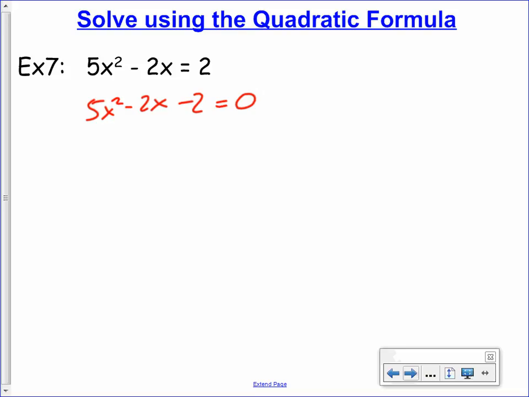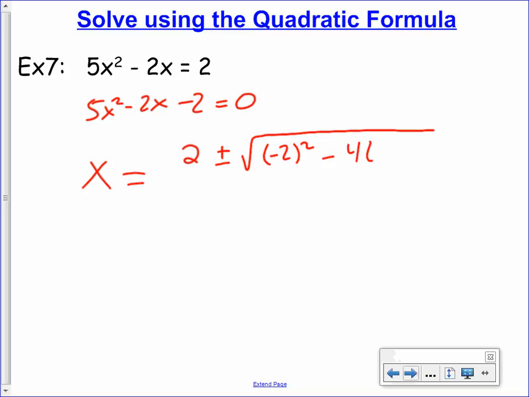All together, x is equal to 2 plus or minus the square root of minus 4 times 5 times -2, all over 2 times 5.